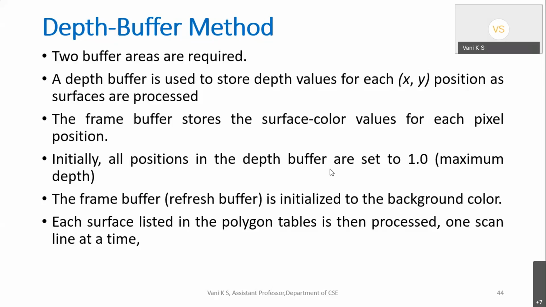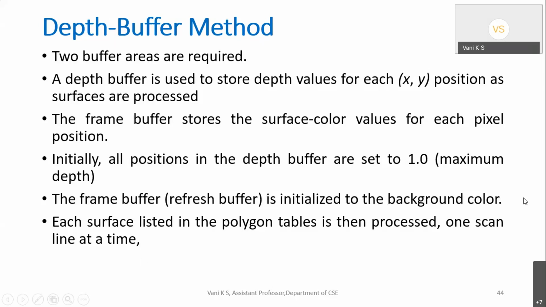The depth buffer is used to store the depth values. As I told you, the depth is nothing but the distance between the viewing position and the object position, that is, how far it is from the viewing position. And the frame buffer stores the color information. Initially the frame buffer, the color buffer, will be set to the background color of the scene.